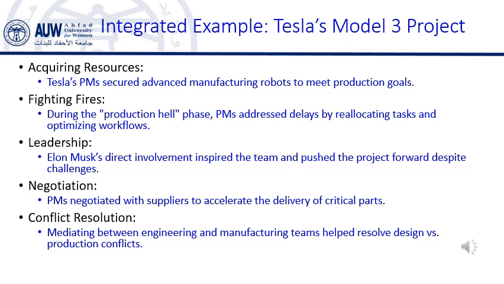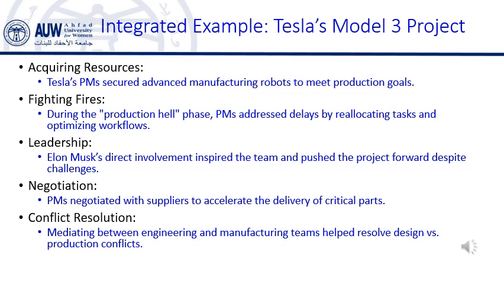Example. In the early stages, Elon Musk, the CEO of Tesla, emphasized the importance of automation and robotic assembly lines. Tesla had to invest heavily in advanced technology to produce the Model 3 efficiently. However, during the production ramp-up, some of the automation processes didn't work as expected, which delayed production.